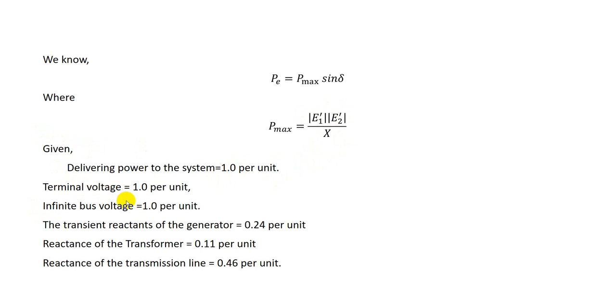Terminal voltage equal 1.0 per unit. Infinite bus voltage equal 1.0 per unit. The transient reactance of the generator equal 0.24 per unit. Reactance of the transformer equal 0.11 per unit. Reactance of the transmission line equal 0.46 per unit.